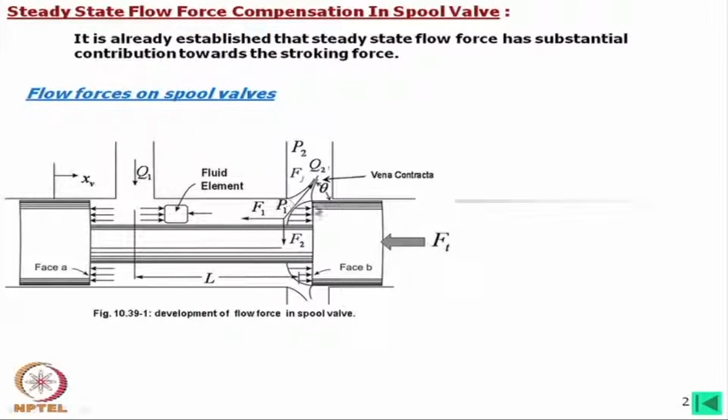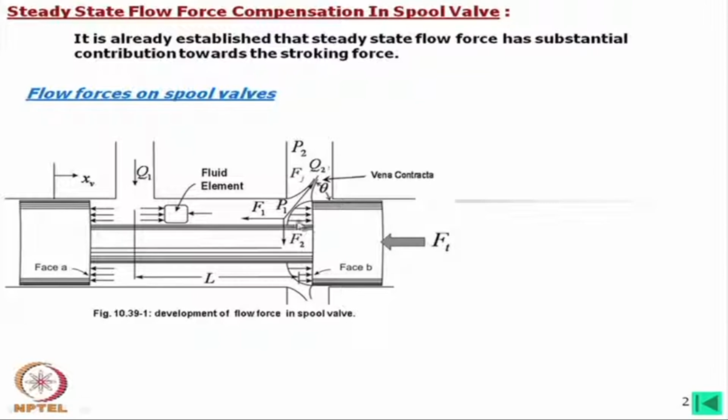Now, for this configuration, we know this flow will neither touch this wall nor touch this land with some sufficient velocity, or in other words, at very low speed and some valve configuration it may touch this land or this wall. Otherwise, it will make an angle to this path, which is theta, and it is possible to predict this angle theoretically.